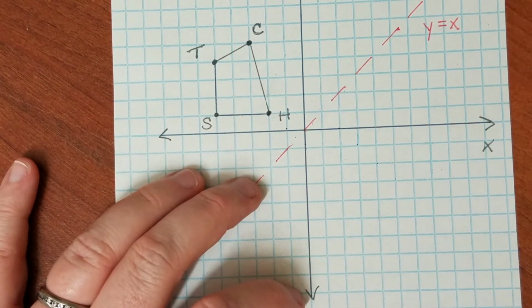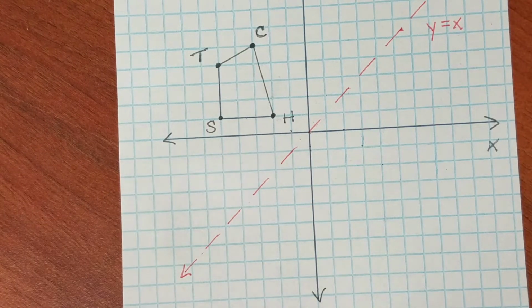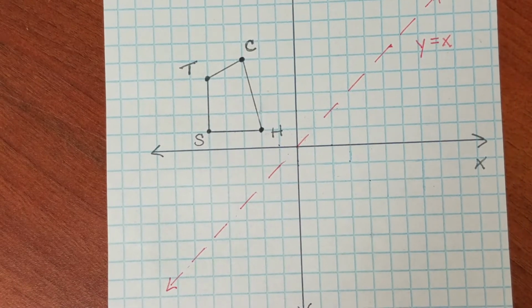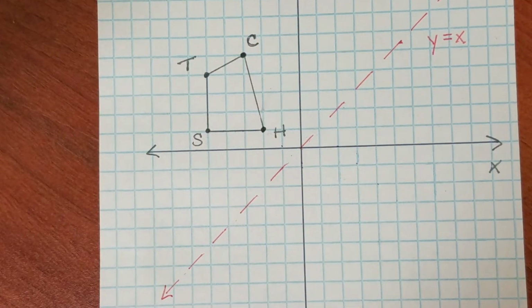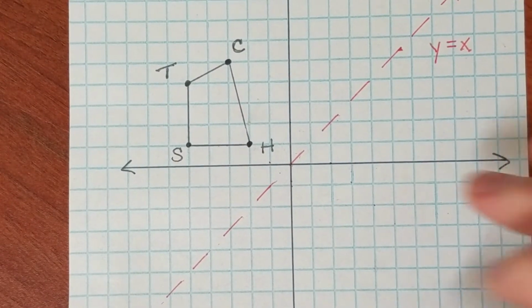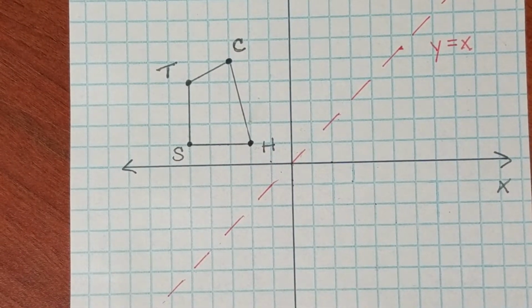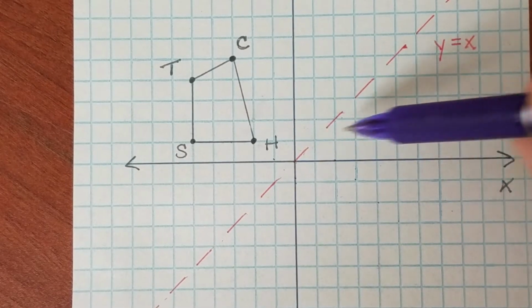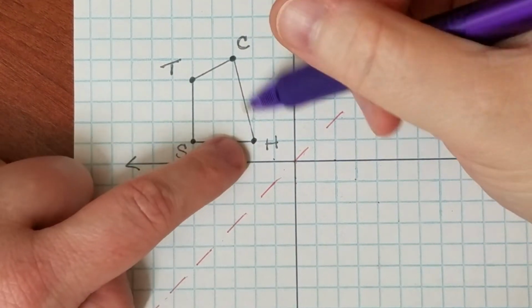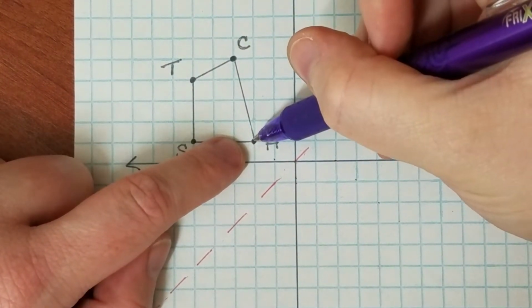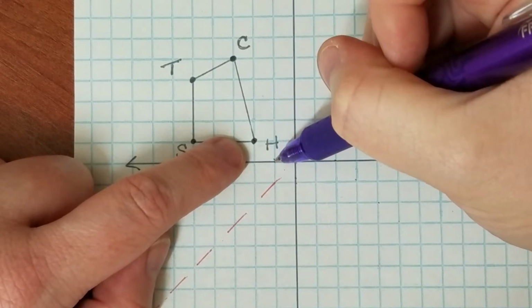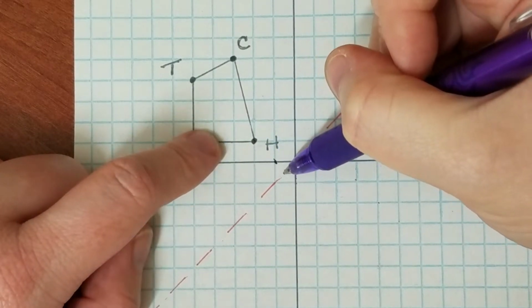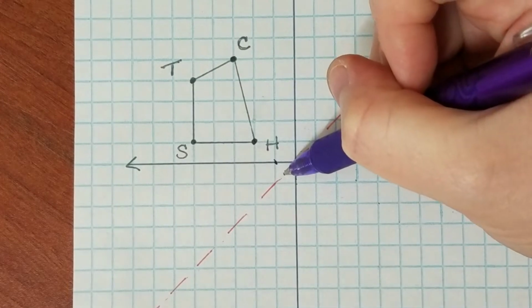Another nifty trick that you can use is, if you have the graph, and since our slope is 1 here and it cuts through nicely and gives us nice diagonals to count from, I can actually just count the diagonals from the line of symmetry, similarly to how we did the vertical and horizontal lines. Because we have a slope of 1, if I look at my point H, I'm going to go 1 diagonal and then half to get to the middle where that line is.